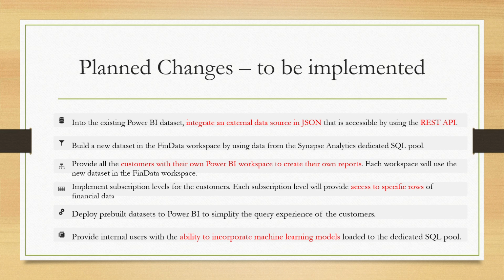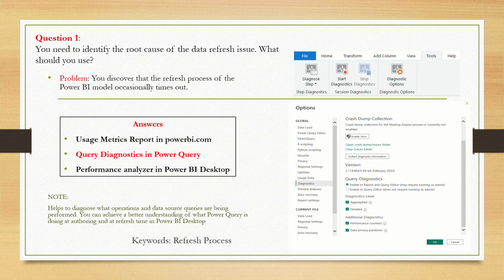Each subscription level will provide access to specific rows of financial data. Number 5, deploy pre-built datasets to Power BI to simplify the query experience of the customers. And number 6, provide the internal users with the ability to incorporate machine learning models loaded to the dedicated SQL pool. So let's dig in.